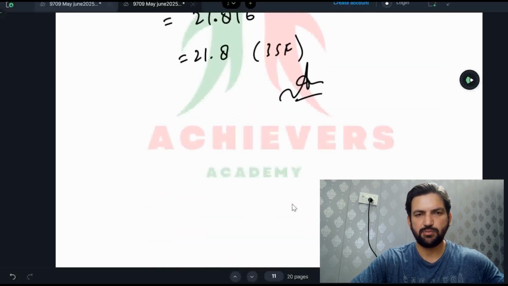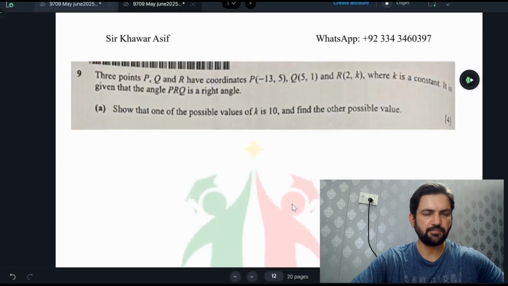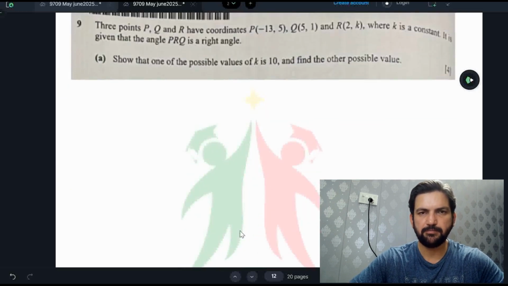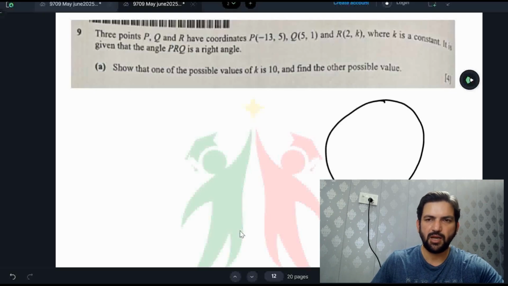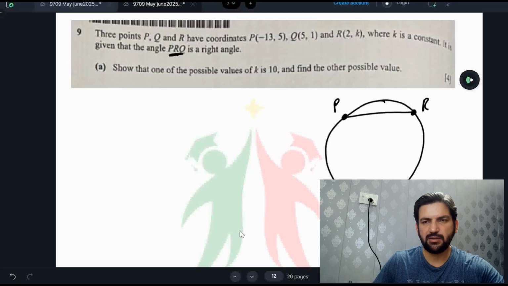Let's move to question number 9. In question number 9, three points P, Q and R have coordinates P, Q and R, where K is a constant. It is given that the angle PRQ is a right angle. So basically we have the condition like this: this is a circle, this point is, let's say, P, this point is Q, and this angle is R, and they are saying that it is a right angle.